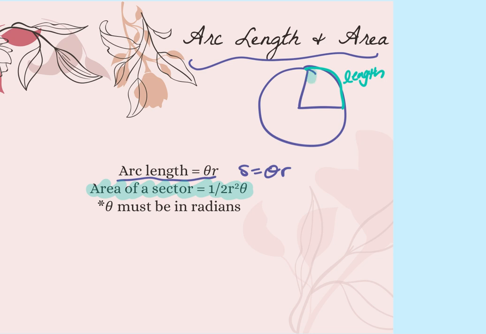And if I fill in that piece of the pie or piece of the circle, the area of that space is the area of the sector. And the formula for that is 1/2 r squared times theta. Again, theta must be in radians. So the very first thing you're going to do is look at what's given to you for your angle, identify if it's in radians or degrees. If it's in radians, you just have to plug it in. If it's in degrees, you have to first convert it to radians and then plug it in.